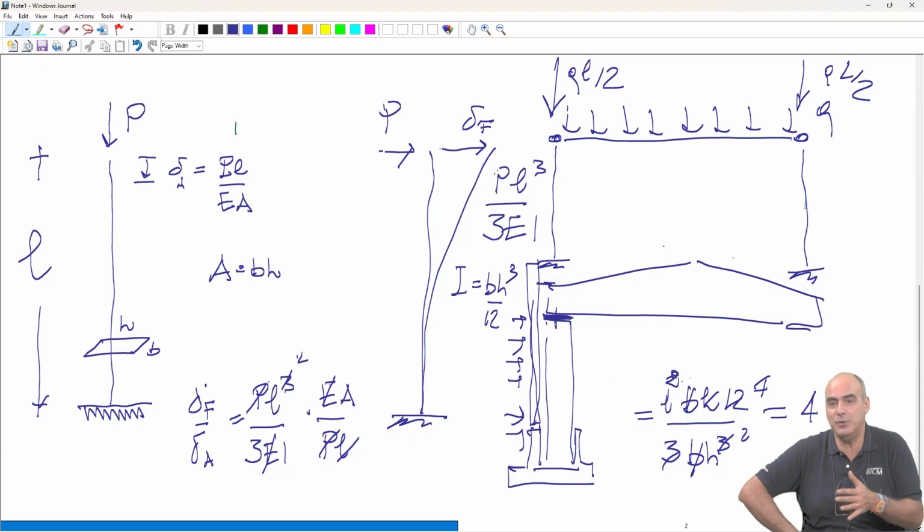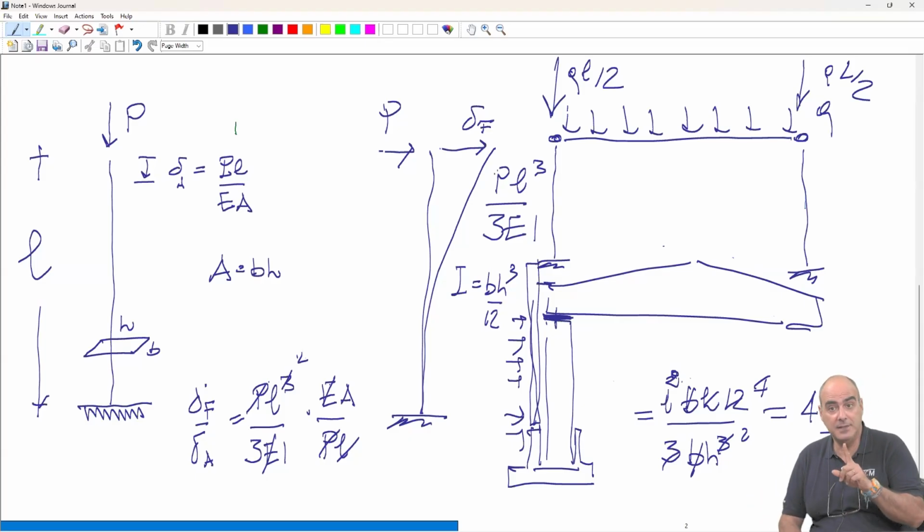So in this case, you can assume it much, much larger and so infinitely stiff. But there is another thing. The sensitivity of our structural elements to lateral deformation is much higher than to axial deformation.